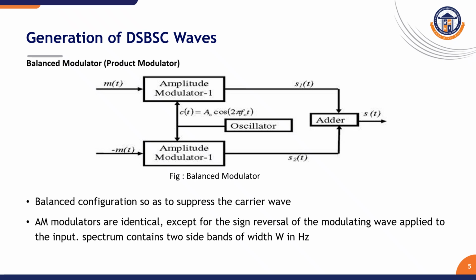The balanced configuration is to suppress the carrier wave. The AM modulators are identical in both the upper and lower branches, except for the sign reversal, m of t and minus m of t, of the modulating wave applied to the input. Here the spectrum contains two sidebands of width W, with the frequency in hertz.